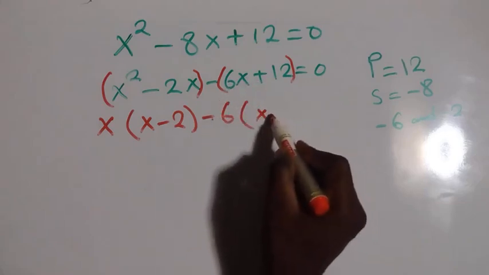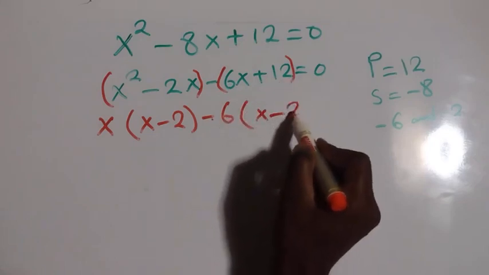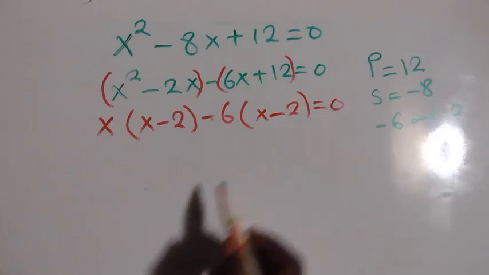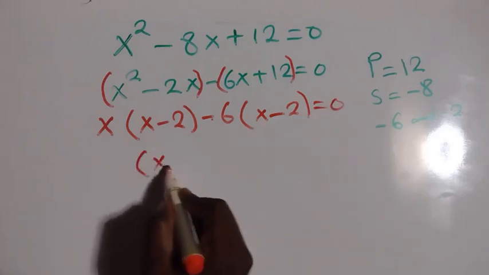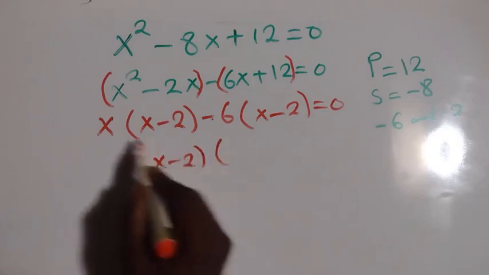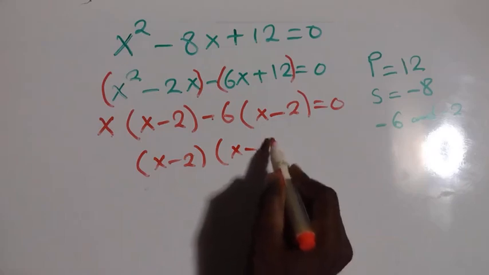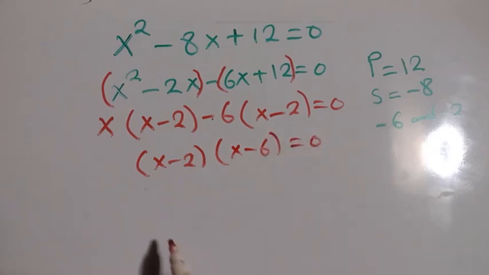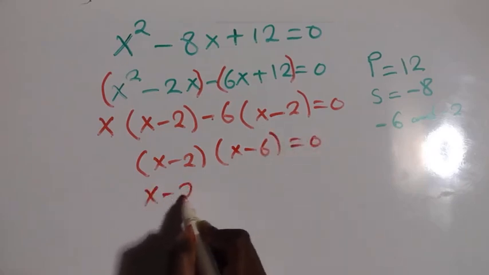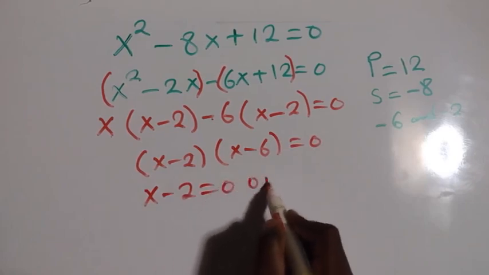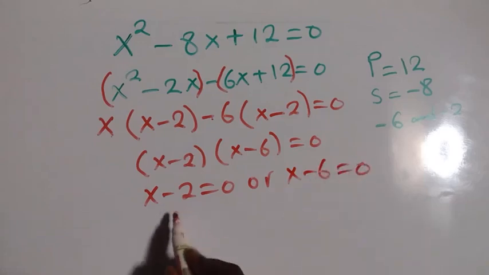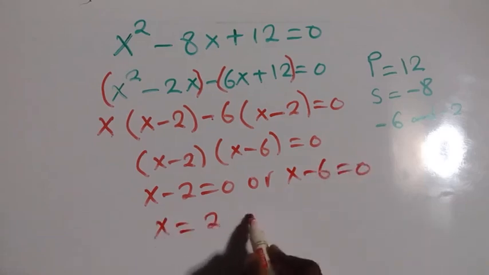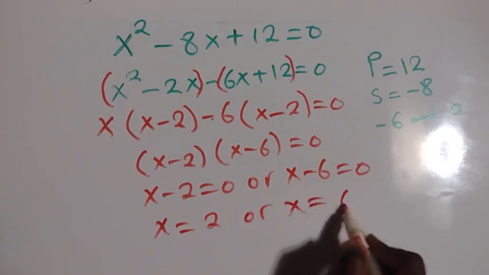Negative times positive, negative. 6 into 12, it's a 2, equal to 0. So you have something similar here. You can just say x minus 2, you pick 1, and x minus 6 equal to 0. So from here, we can say x minus 2 is equal to 0, or x minus 6 is equal to 0. So we can write now x is equal to 2, or x is equal to 6.